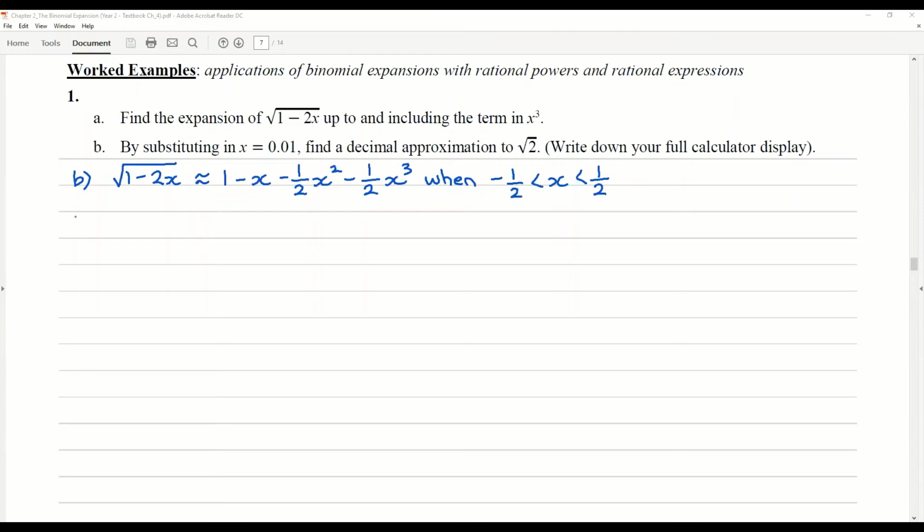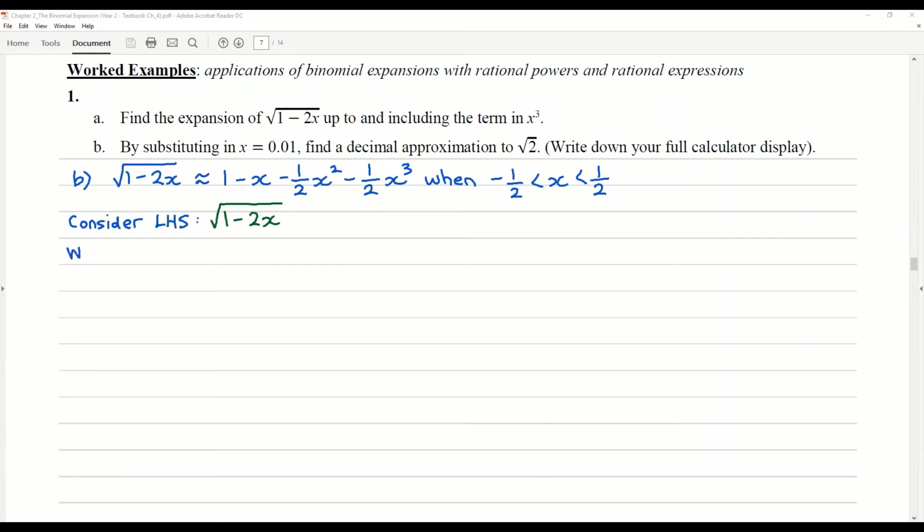So consider the left-hand side, which is, of course, the square root of 1 subtract 2x.